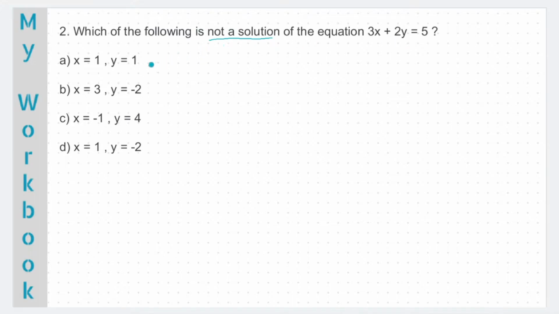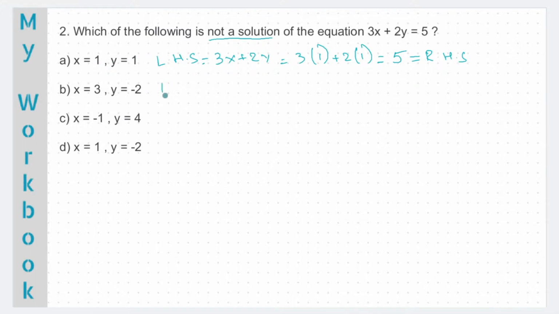So for whichever option we get LHS not equal to RHS, that will be our answer. Left hand side is 3x plus 2y. Let's substitute x as 1 and y as 1. So 3 plus 2 is 5, which is equal to right hand side. So this is one of the solutions.